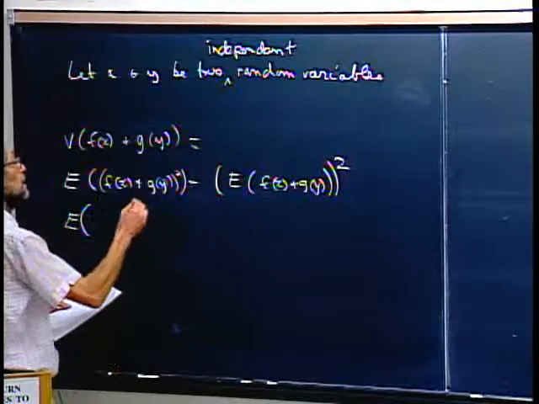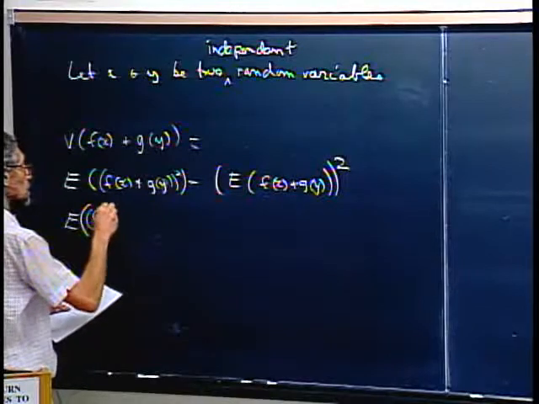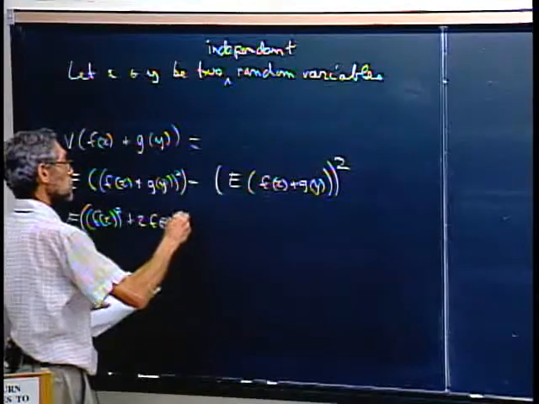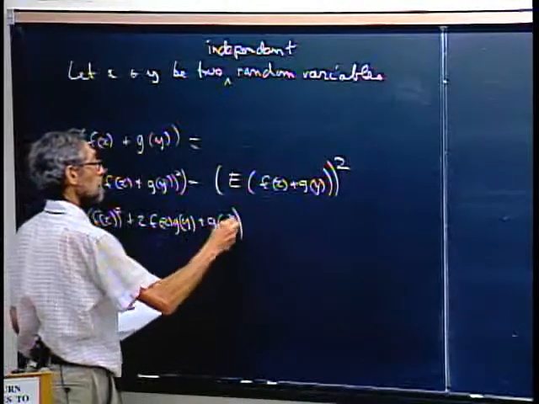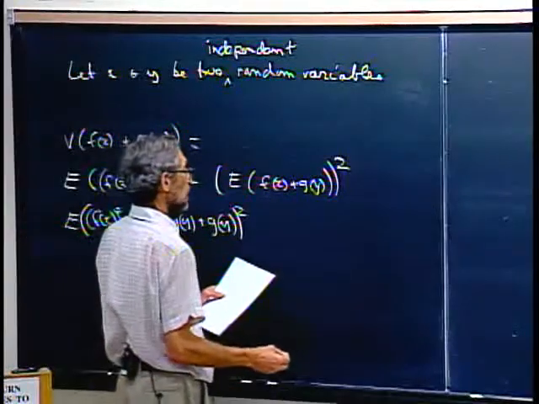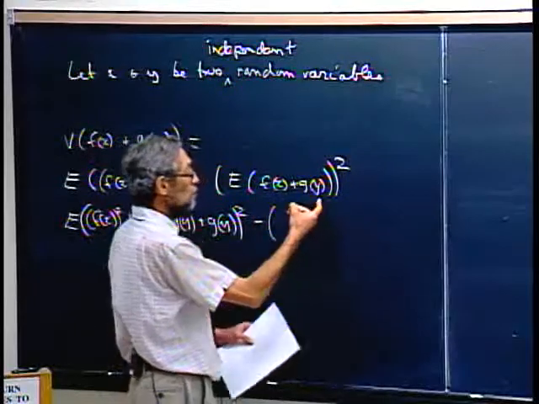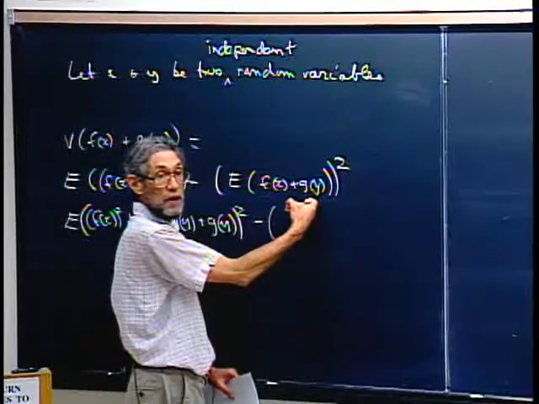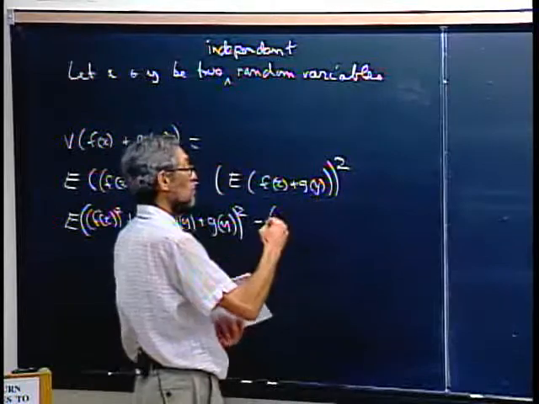I'm just going to multiply this out. f of x squared plus twice f of x g of y plus g of y squared. And for here, what can I do? For here, what I can say is, I already proved last time, if you have the sum of 2 random variables, whether they're independent or not, the expectation just comes out because it's really just a sum.